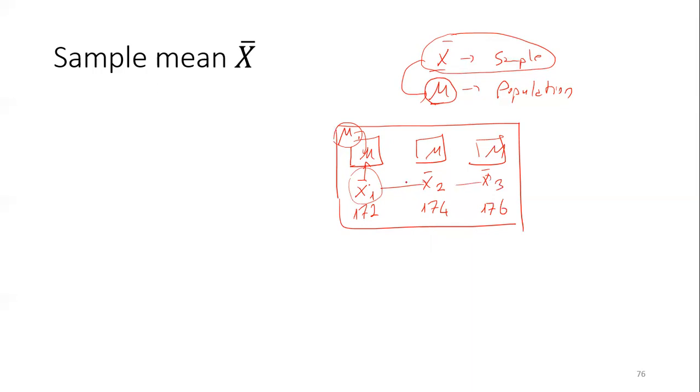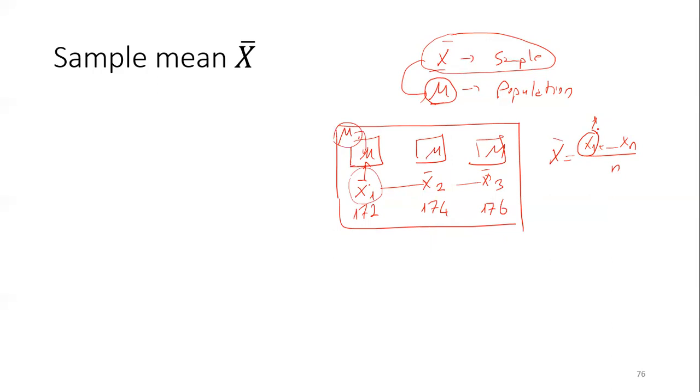In fact, x bar, remember, that's equal to what? X1 plus dot dot dot xn divided by n. And each x is an observation in the sample, which, remember, in order to be a sample, this should be independent and identically distributed, which means each of x1, x2 comes from the same distribution.